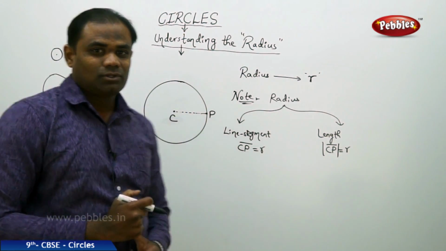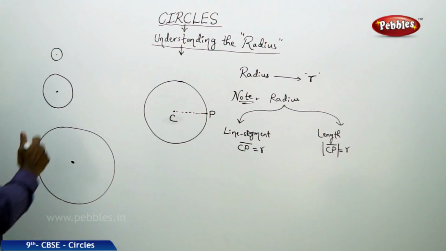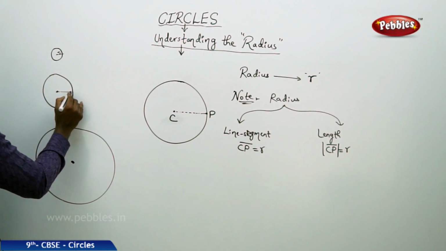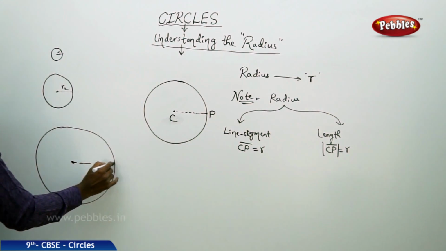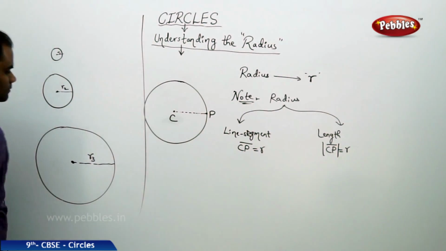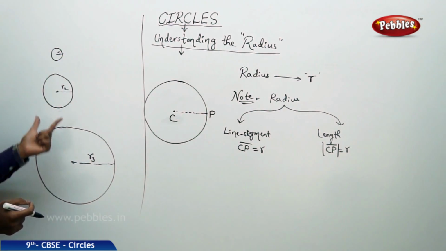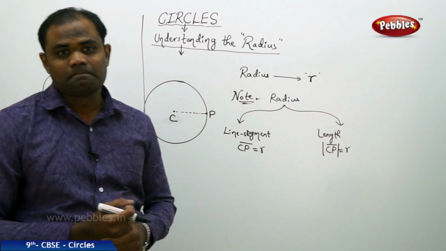How different? What is the relation between radius of this and this and this? So let me take the radius of the first circle is r1, the radius of the second circle is r2, and the radius of the third circle is r3. Then how do I connect the radius of r1, r2 and r3 is the biggest question out here.